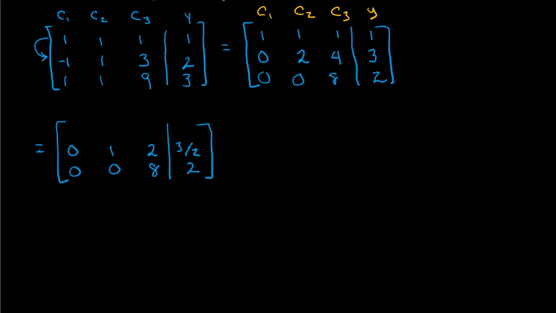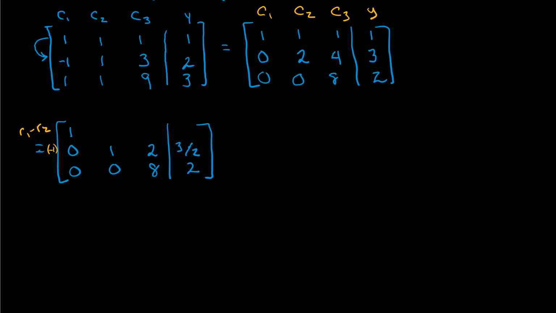Okay, so we've got that done. Now, the first row in the second column, we need to zero that out. So what I'm going to do is I'm going to take row 1 minus row 2. Or in other words, I'm going to multiply row 2 times a -1 and add it to row 1. So 0 plus the 1 in the first column will give me 1.